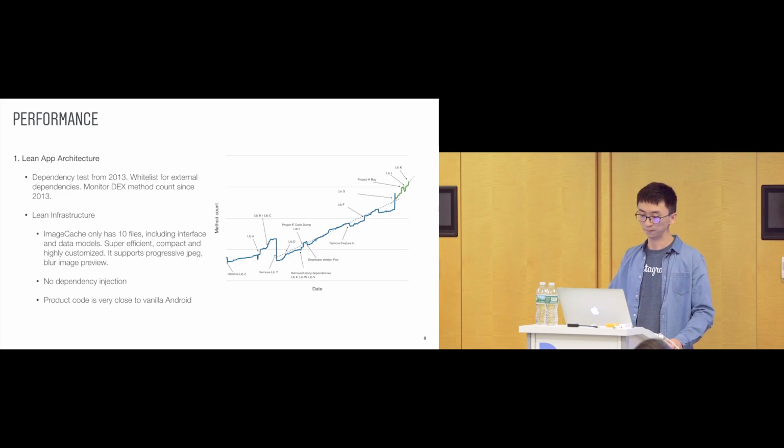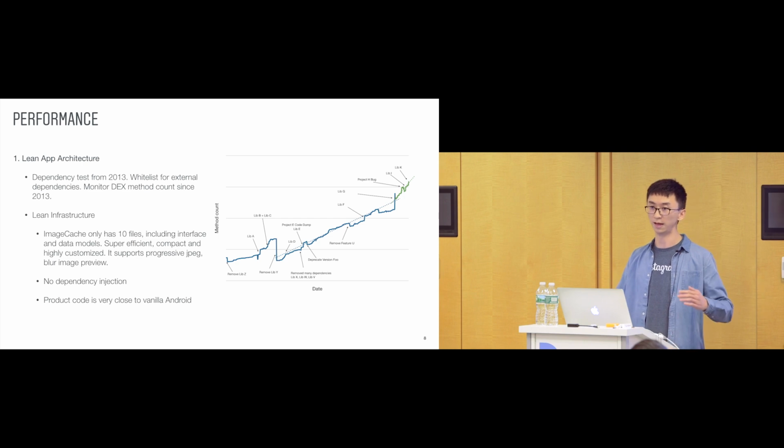And we have a real-time dashboard to track the method count in our app, and we periodically look back at what happened in past weeks and months. We annotate all those changes and try to figure out the long-term trajectory of our app's growth.